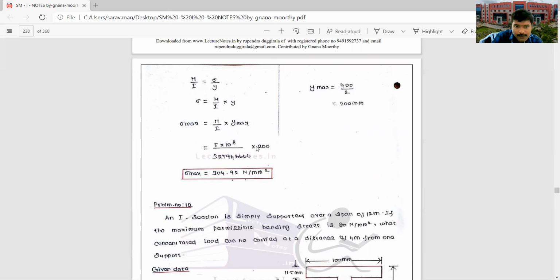So y maximum is 200 mm. The moment you know, 5 into 10 power 8. The moment of inertia you know. Substitute this value and you will get the sigma maximum, which is asked in the problem, 304.92 Newton per mm square.